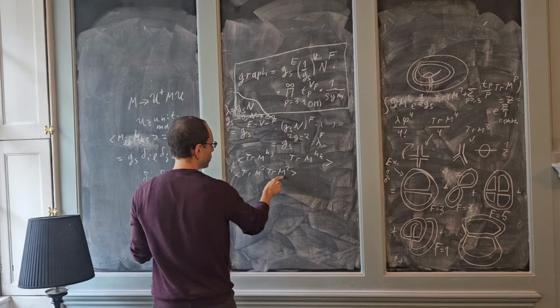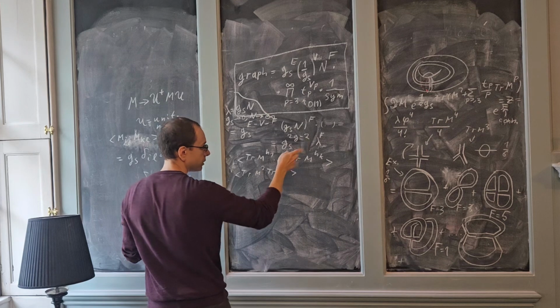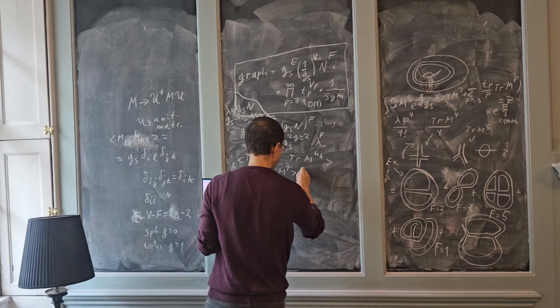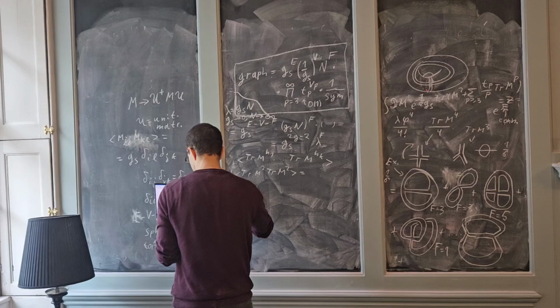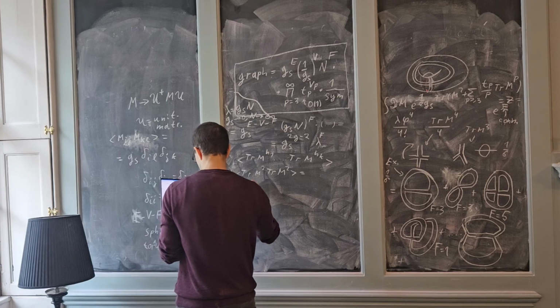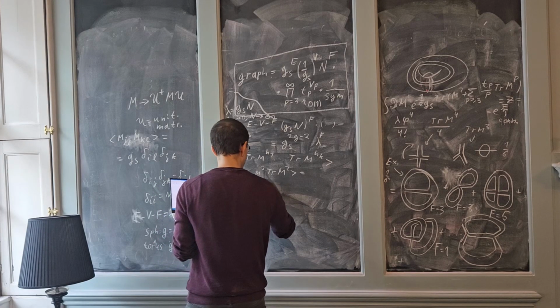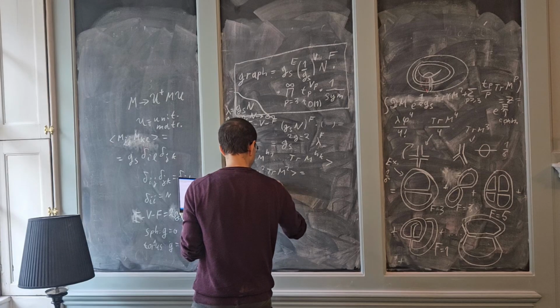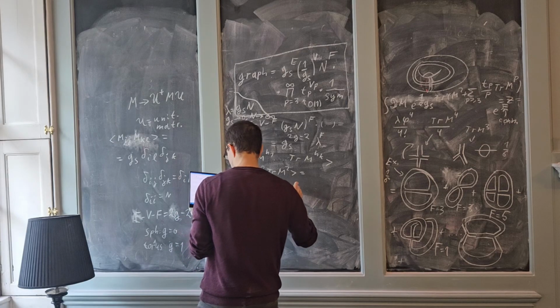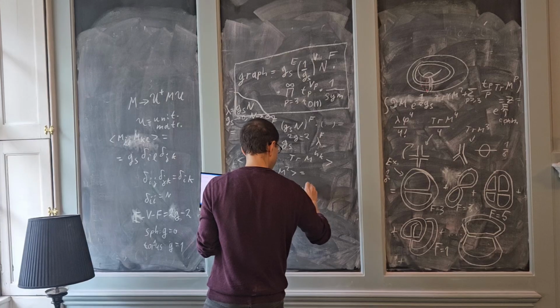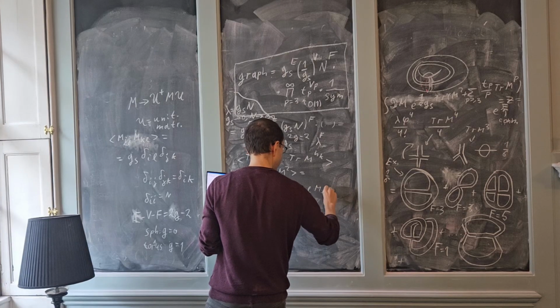So again, there will be 4 M's, but now, unlike in the example that we did, the pattern of indices is different. So that's the expectation value of M_ij, M_ji, M_kl, M_lk.